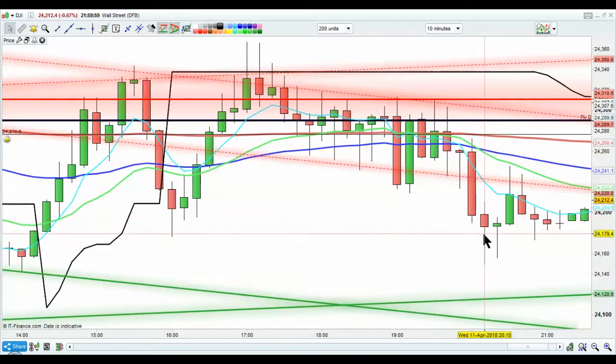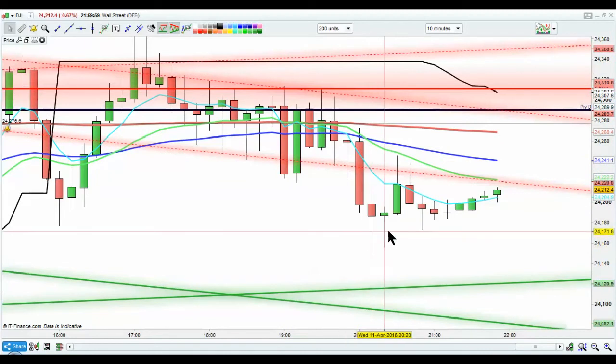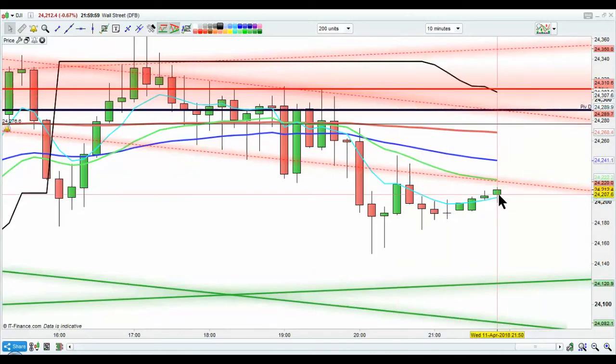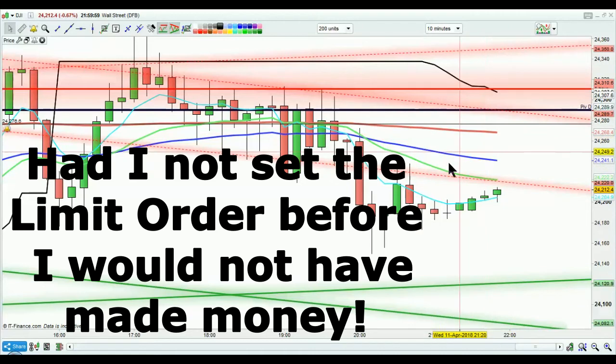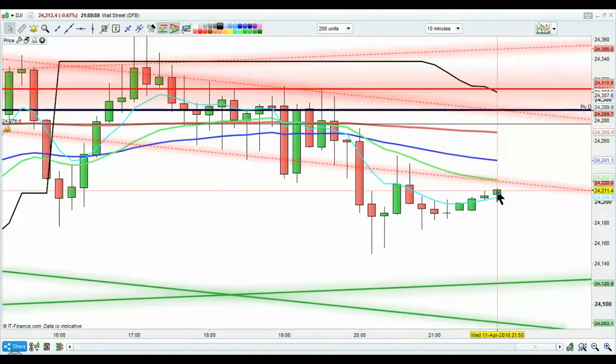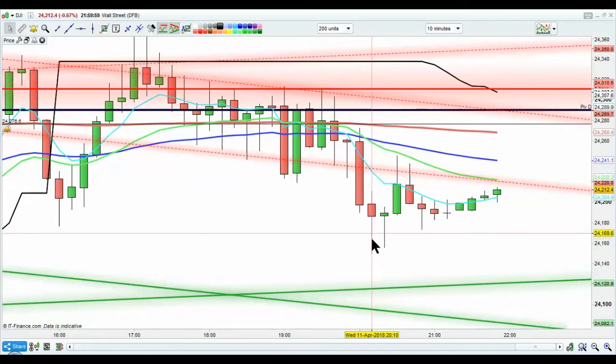So it dropped all the way, hit my 24,166, had a little bit more momentum, and then it started to go back up. In fact, it went back up to a high of 24,247, and the current price at the moment, which is just coming up to 10 o'clock, is 24,212. So whilst I was out, I banked it there.